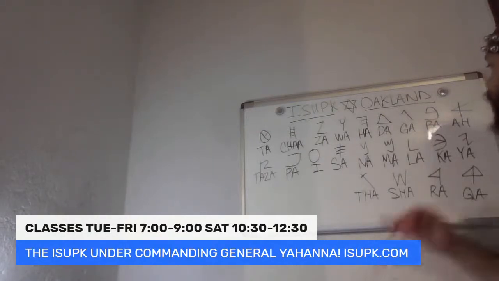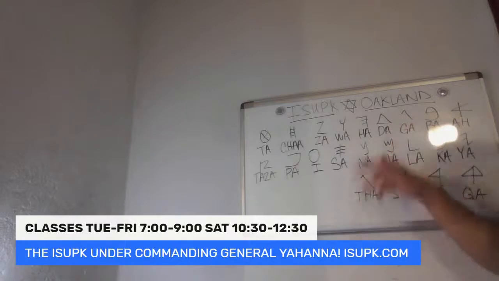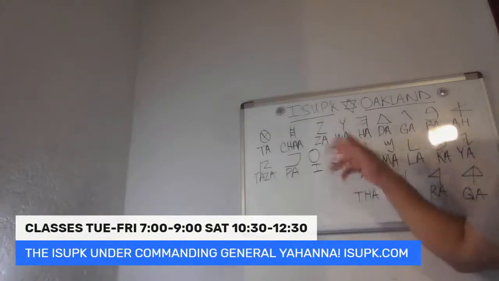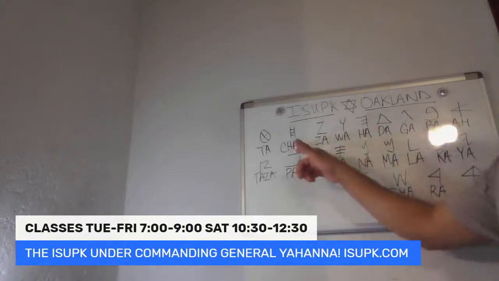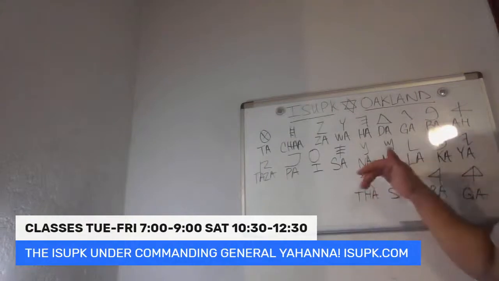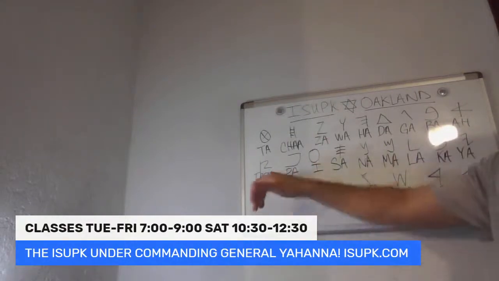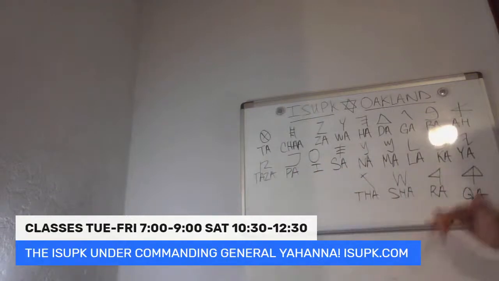All right. So you got ba, ga, da, ha, wa, za, kha, ta, ya, ka, la, ma, na, sa, I, pa, taza, qua, ra, sha, and th.